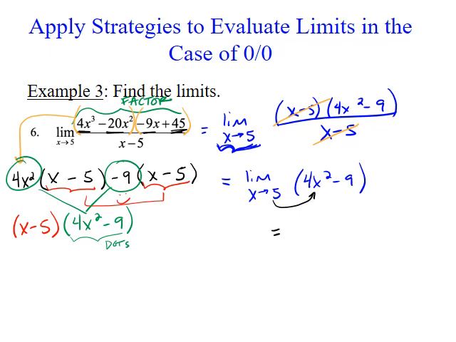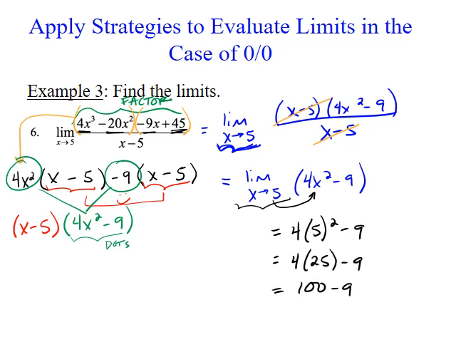So when I plug this in, I'm now evaluating the limit, so I don't need to write this anymore. I have 4 times 5 squared minus 9. This is 4 times 25 minus 9. 100 minus 9 is 91. So the intended height of this function as x approaches 5 is 91.